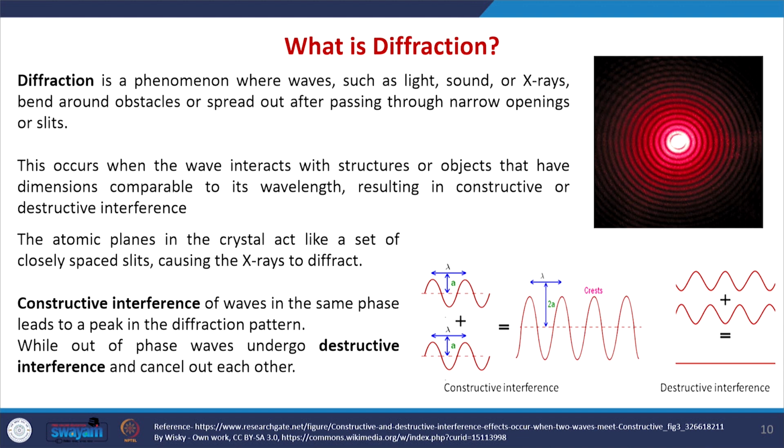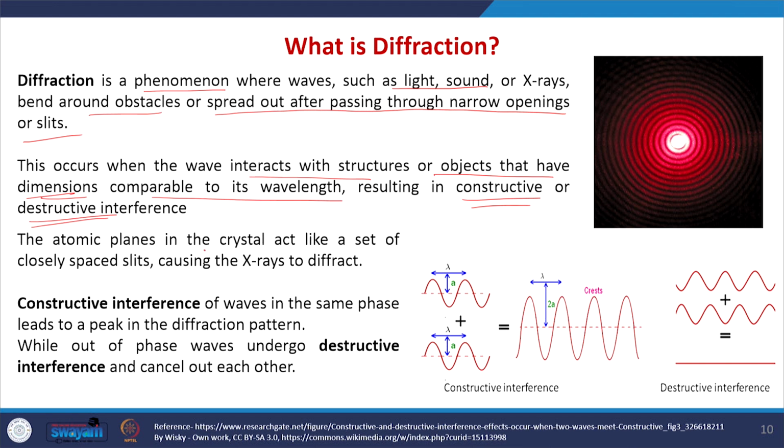Let us see what diffraction is. Diffraction is a phenomenon where waves such as light, sound or X-rays bend around obstacles or spread out after passing through narrow openings or slits. This occurs when the wave interacts with structures or objects that have dimensions comparable to its wavelength, resulting in constructive or destructive interference.